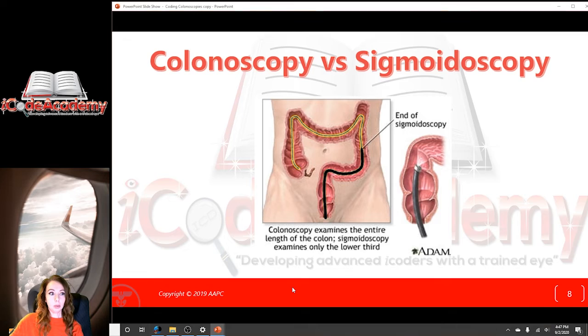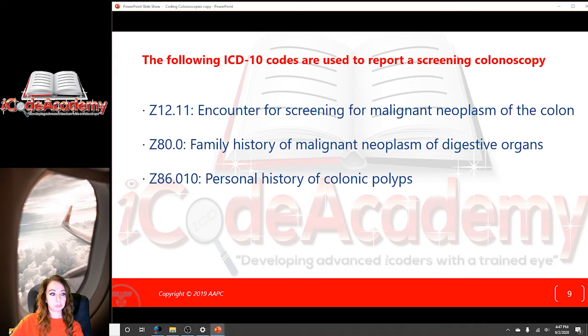So let's talk about some of our diagnosis codes that we're going to be using as far as our screening colonoscopies. Follow-up colonoscopies are surveillance and not screening. A screening is the service performed in the absence of signs or symptoms, and the patient only has a diagnosis of polyps, whether they're hyperplastic or serrated.